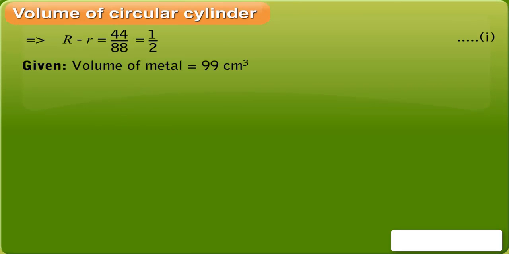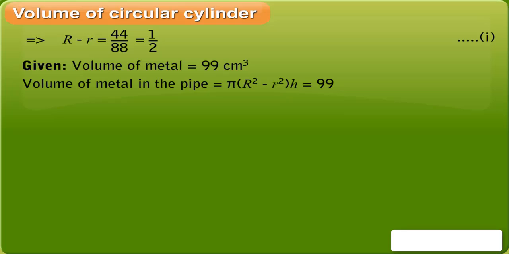It is given in the question that volume of metal is equal to 99 centimeter cube. Therefore, volume of metal in the pipe is equal to pi into capital R square minus small r square into h, which is equal to 99.